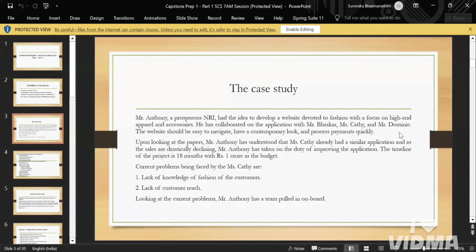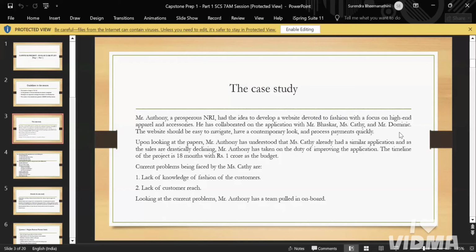Next, upon looking at the papers, Mr. Anthony understood that Miss Kathy already had a similar application, but the sales of that application are drastically declining.